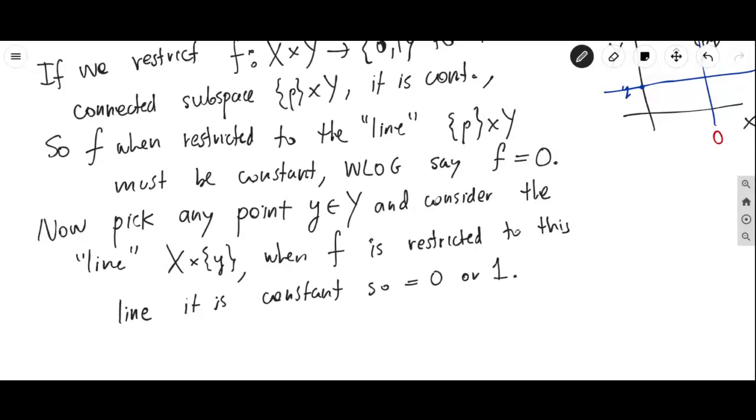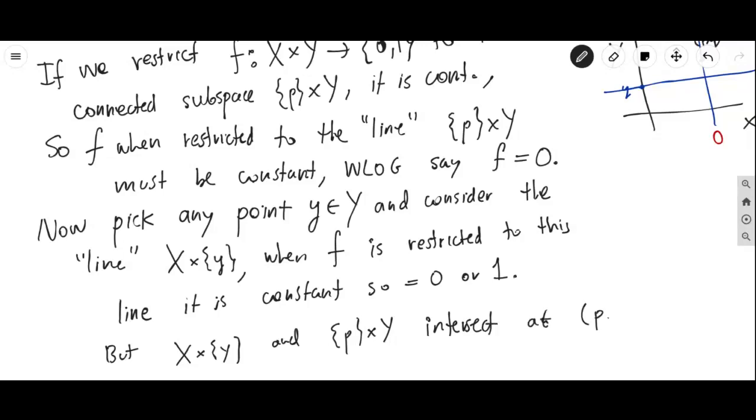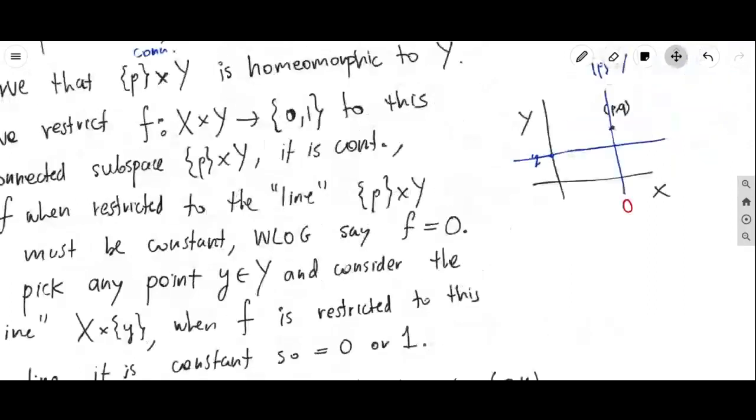Now, which constant is it? But X cross {y}, I'm sorry, X cross singleton y, and the other line, {p} cross Y, intersect. Where do they intersect? They intersect at (p, y), right? That's something common to both of them. They clearly have an intersection point. You can see in the picture they intersect, but I wanted to actually write it out because the picture could be deceiving.